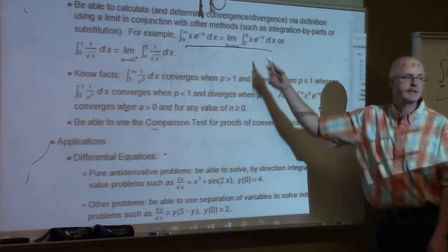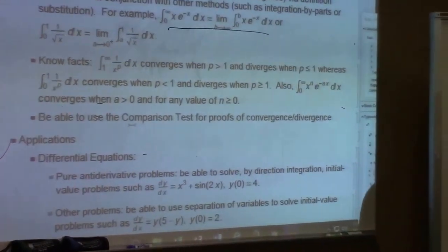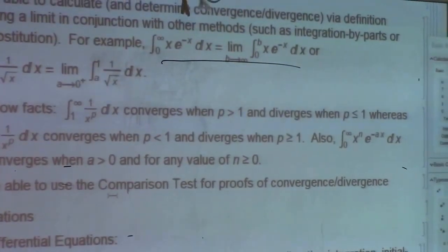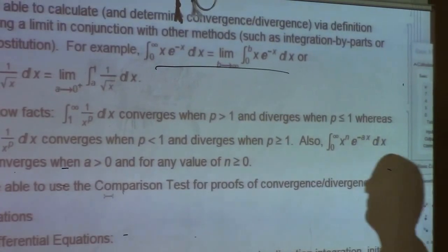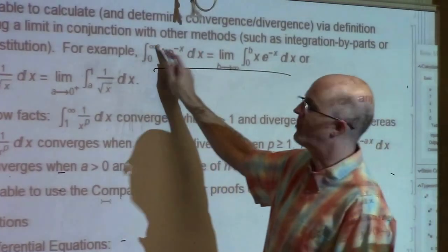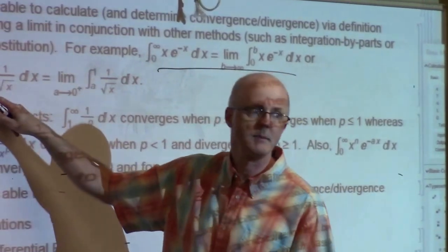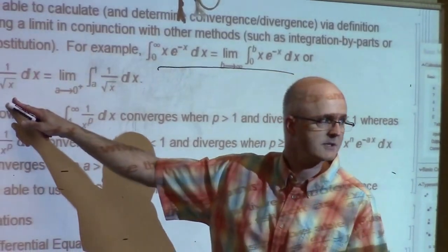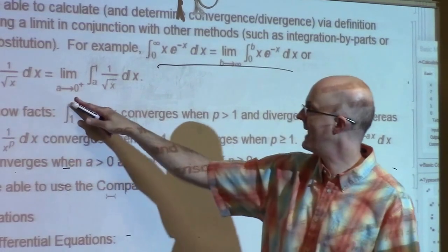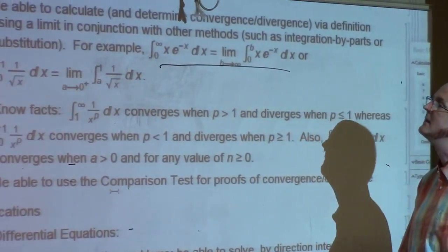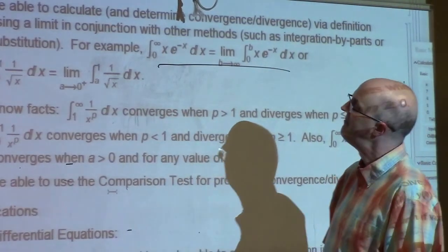Although to finish this calculation, you'd also have to do the integration by parts. U equals x, v prime equals e to the negative x. That's improper in the upper limit. There's an infinity here. This kind of integral is improper in the lower limit because you've got a vertical asymptote for this function at 0. So it's a limit as the lower limit goes to 0 from the right for the square root function of something like that.